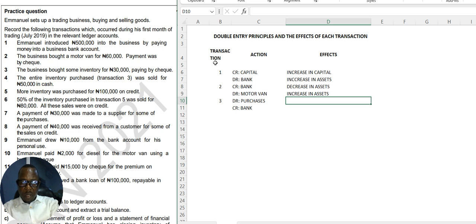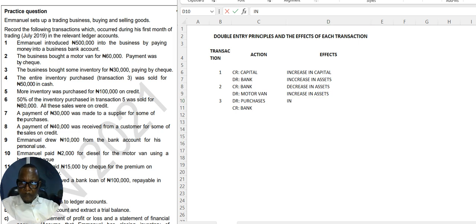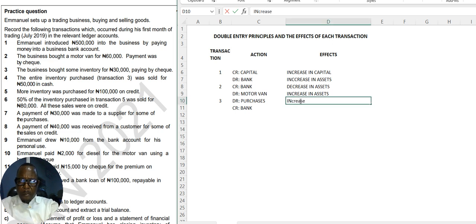This will be an increase in asset, which is your inventory. Your inventory increased, and you have a decrease in asset, which is your cash at bank.